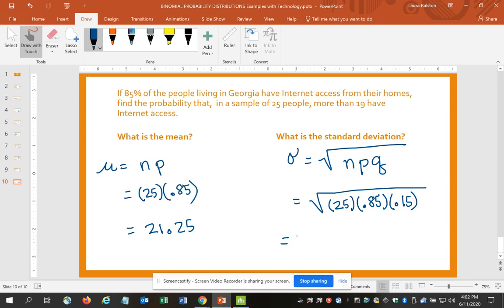And we get 1.785357107. Again, rounding to 2 places, that's going to be approximately 1.79. Okay, so there gives you an example and a variety of examples related to the binomial probability distribution and the use of Minitab.